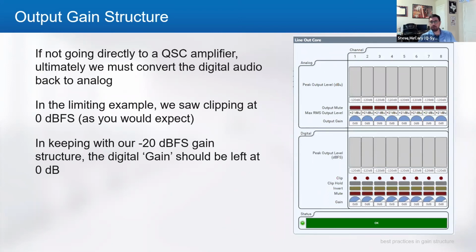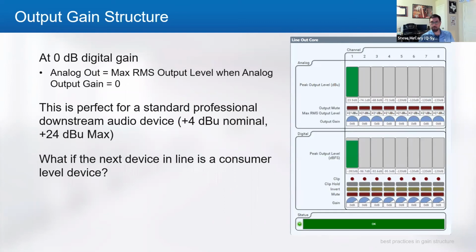So if you're not going directly to a Q-SYS amplifier, then we have to get the digital audio from inside the DSP back to analog to feed an amplifier. In the limiting example, you saw that we set the clip at 0 dBFS. So keeping with our ideal structure and our -20 dBFS, our digital gain should be left at 0, assuming that we're nominal all the way through.